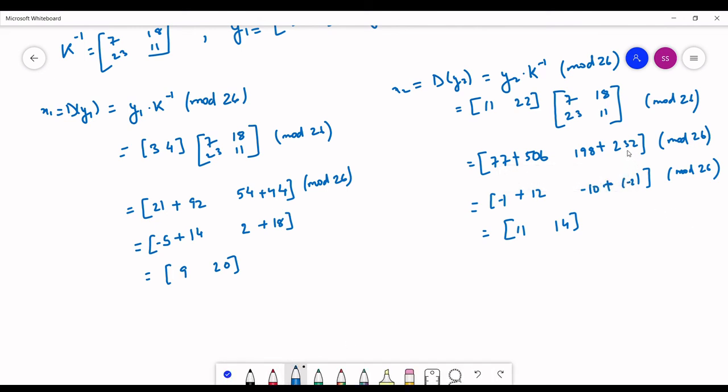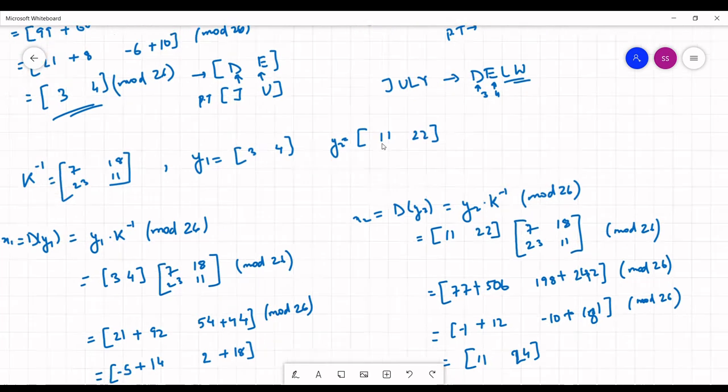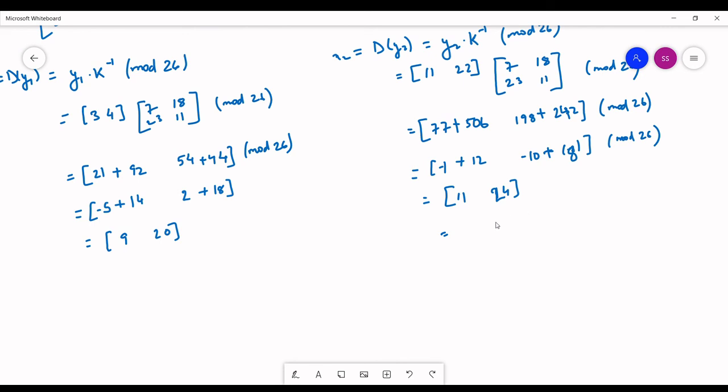So if you take modulus of 242, it's positive 8. So this will become minus 2, which is 24. So this was the X2 which we initially gave in this example. L and Y, this was 11 and 24, my X2. X2 is 11 and 24 here, and this is what we got back, 11, 24. So we got back our L and Y.